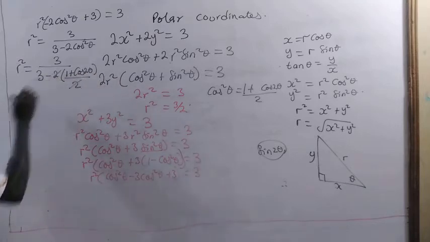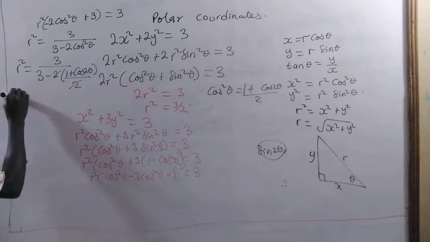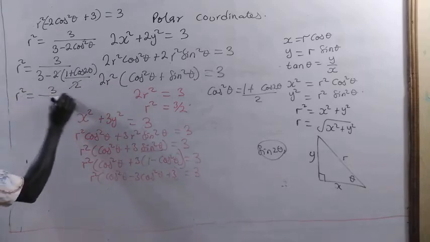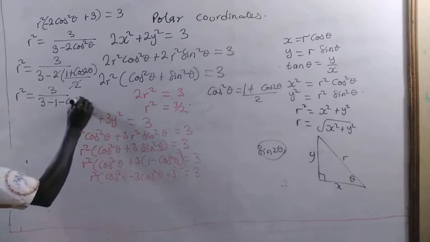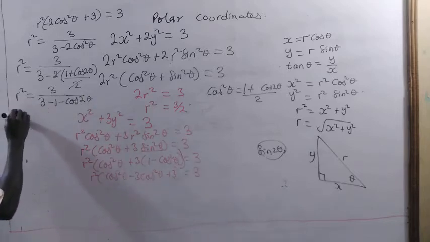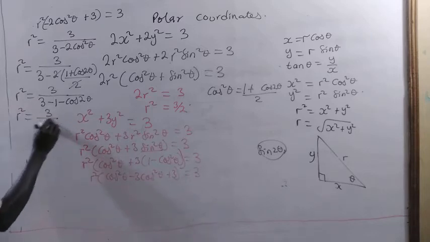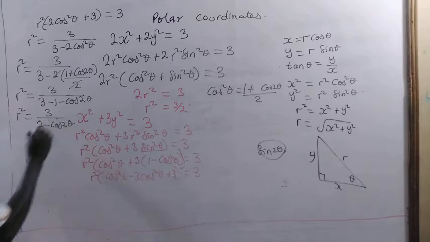And these two will cancel these 2. So we have r squared equal to 3 divided by 3 minus 1 minus cosine of 2 theta. We have r squared equal to 3 divided by 2 minus cosine of 2 theta.